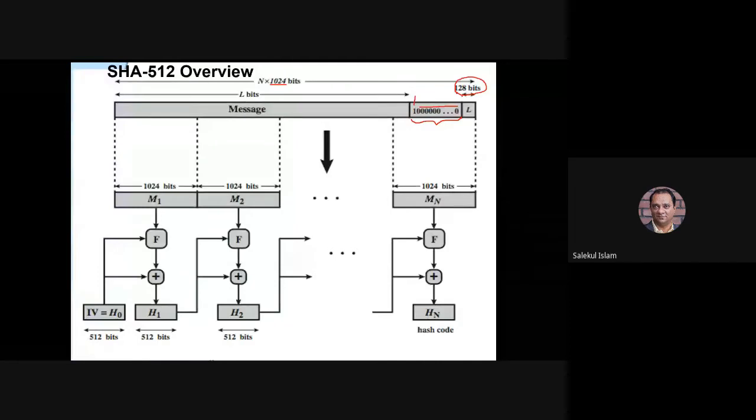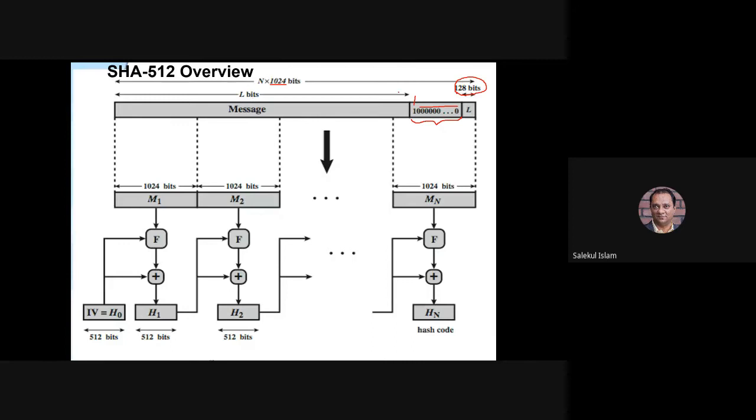Now the message length is variable. The message might be anything. So whatever message I have, consider that this message is L bits. Then you have to add L plus 128, and see whether L plus 128 is a multiple of 1024.